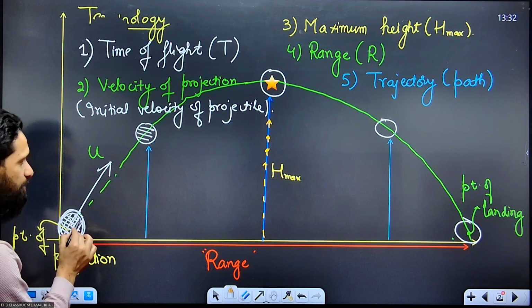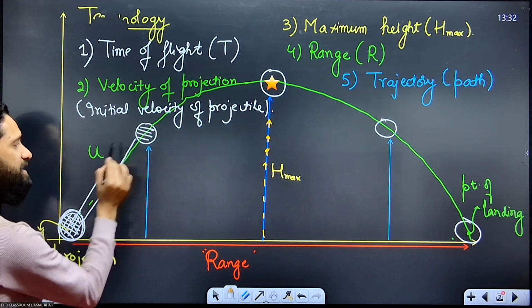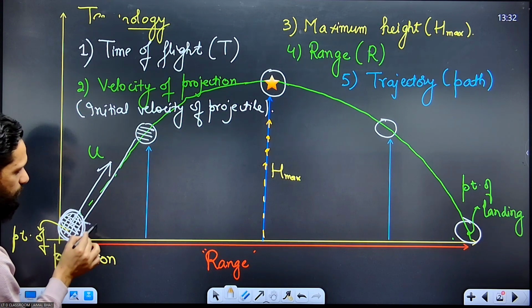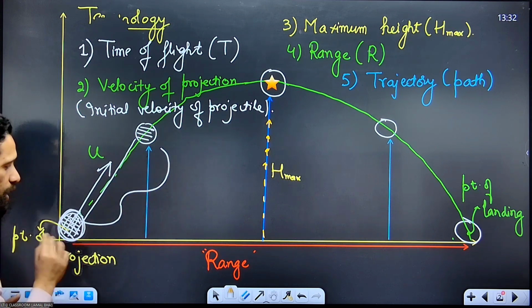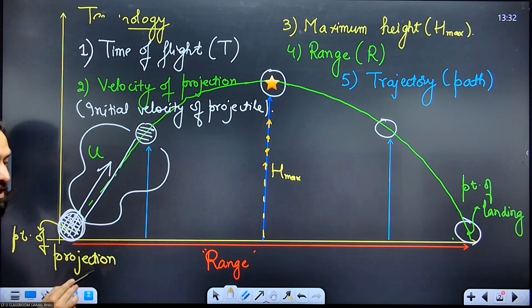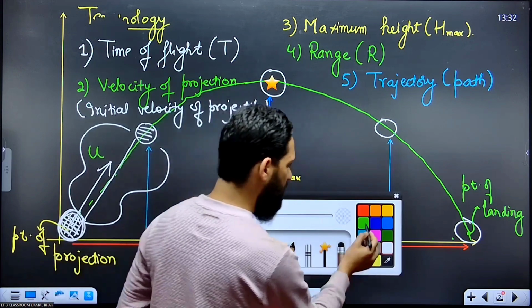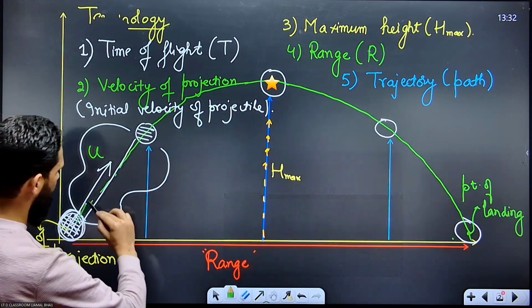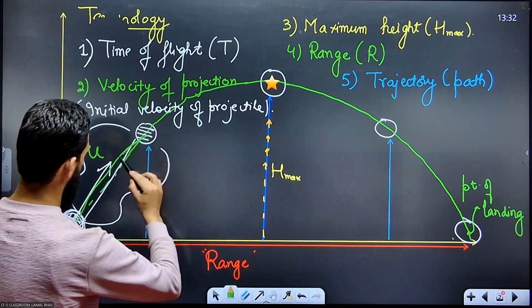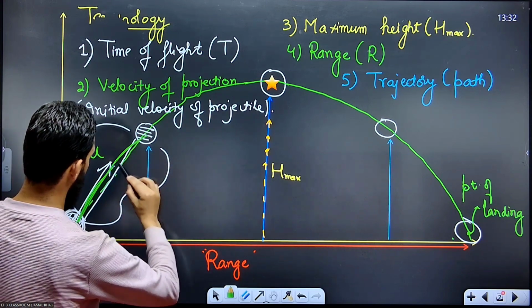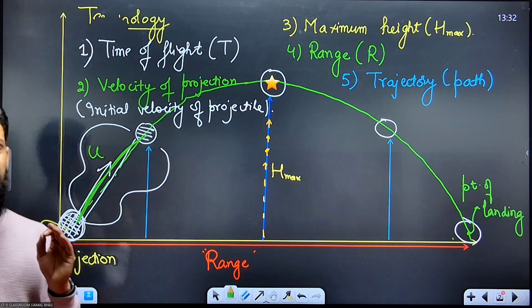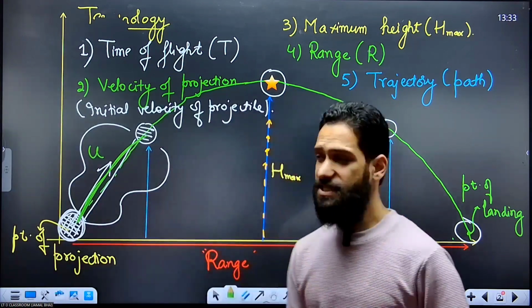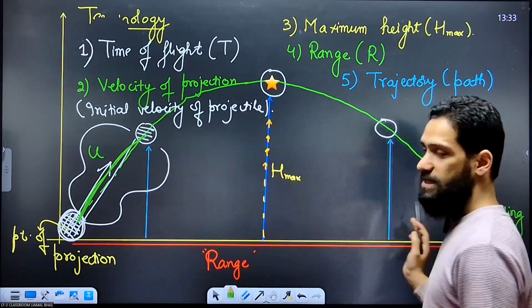So has the body directly moved like this, or like this, or like this? Definitely there is one actual path through which the body has moved, and I can show you like this. This actual path through which the body has moved is called the trajectory.